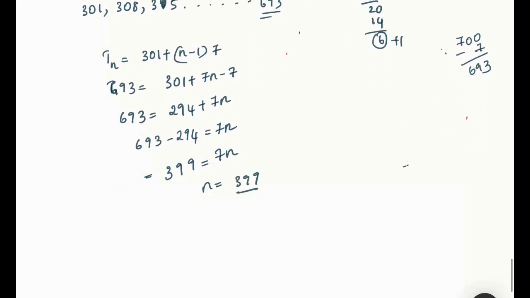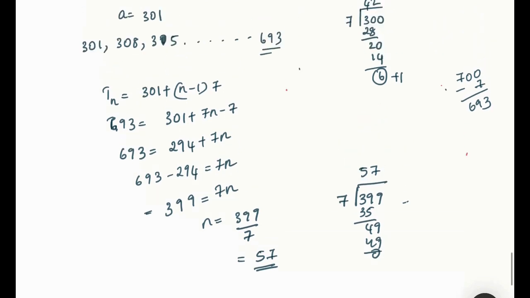n is equal to 399 by 7. So 399 by 7 means what you are getting? 7 fives are 35, 4 remains, 49, 7 sevens are 49, 0. So n is equal to 57. Since you got n as 57, what does it mean?